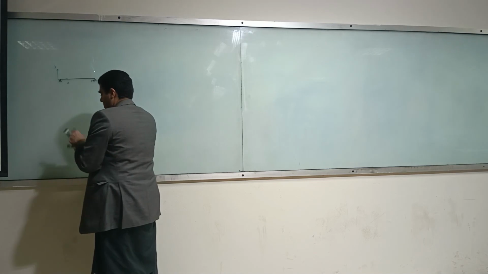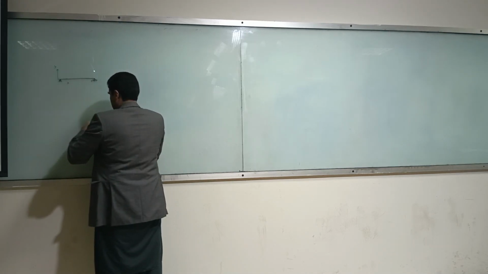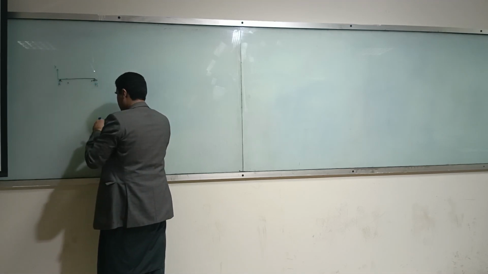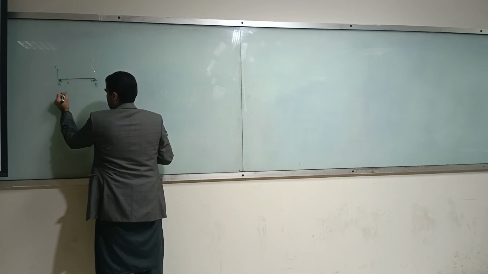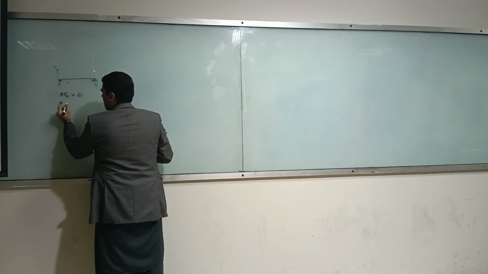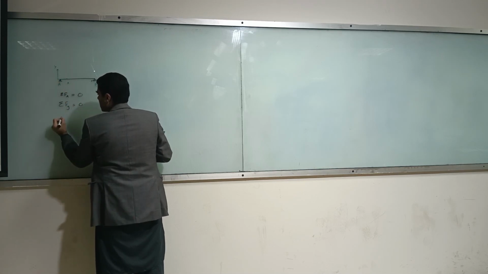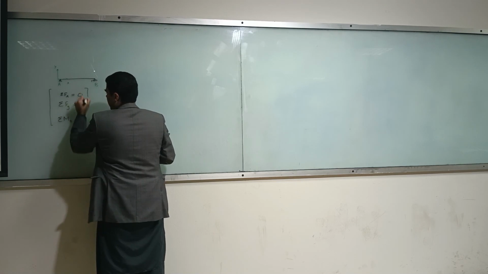Imagine this is our point A and this is point B. So the available equations are summation of Fx must be equal to 0, summation of Fy must be equal to 0, and summation of moment about z must be equal to 0. These are the 3 fundamental equations.